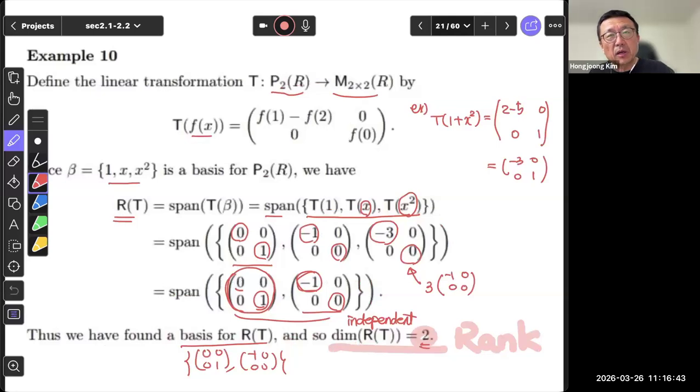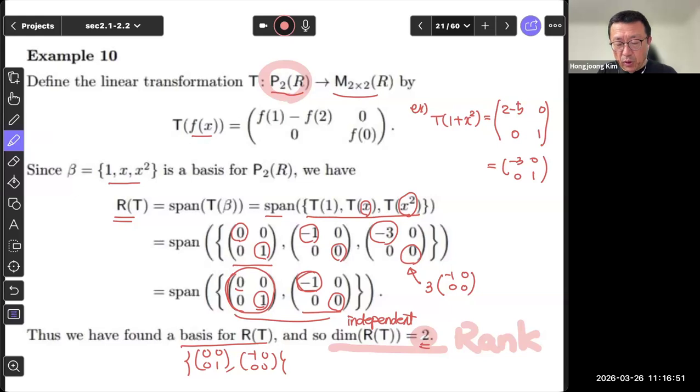What is the dimension of the domain? P sub 2 has dimension 3, because one of its bases is the standard basis, and it contains 3 vectors. So the dimension of the domain is 3.